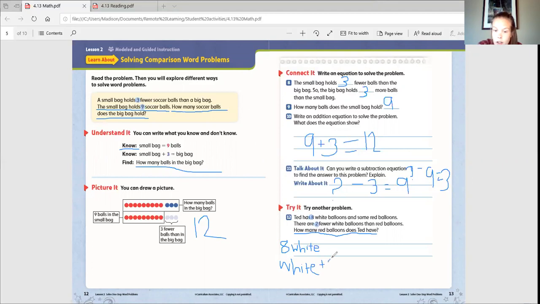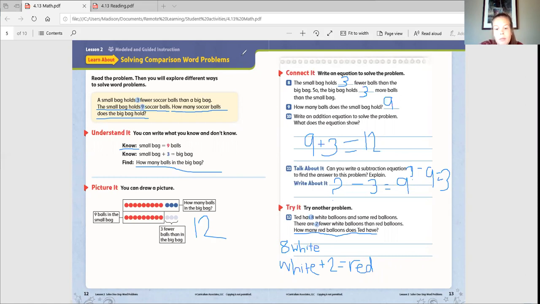plus 2 to equal the red balloons. To equal our red balloons. All right, so let's figure it out.